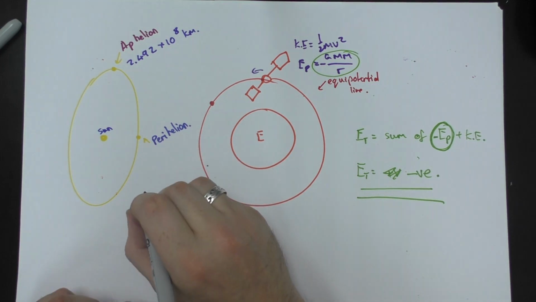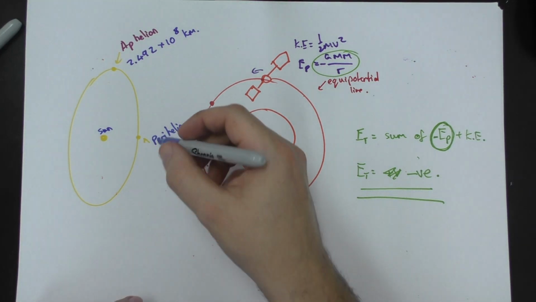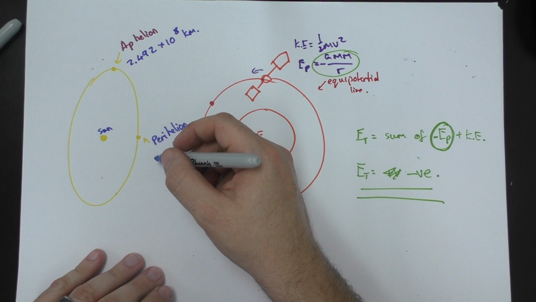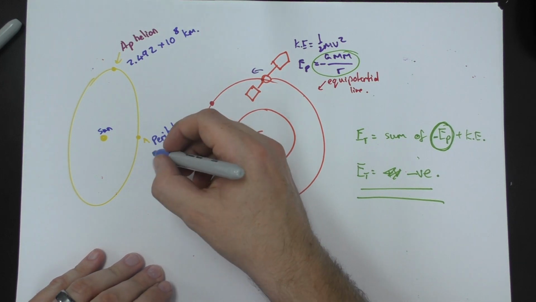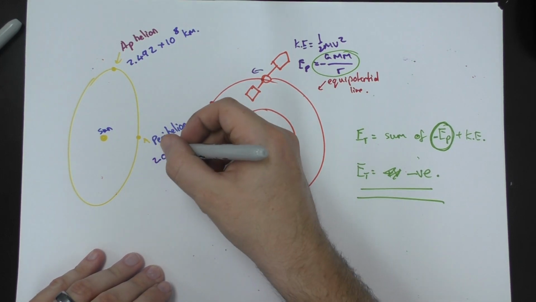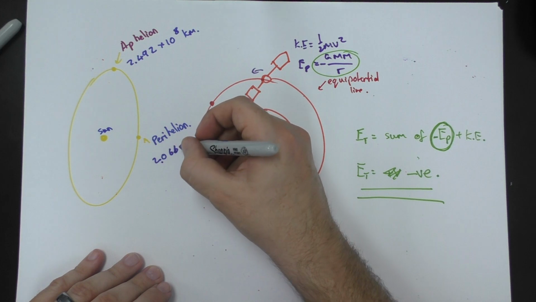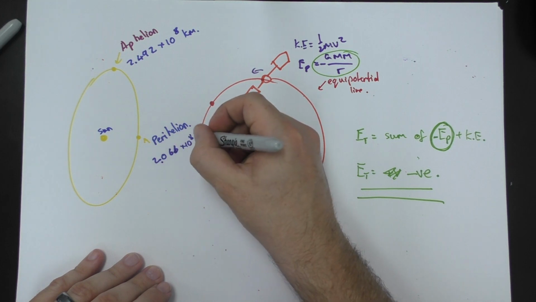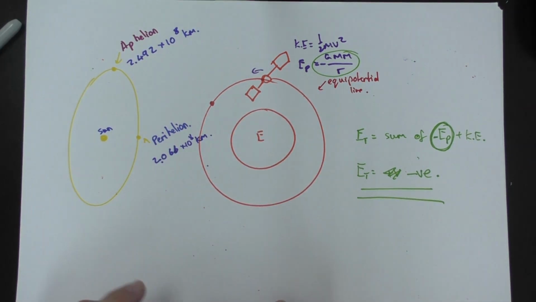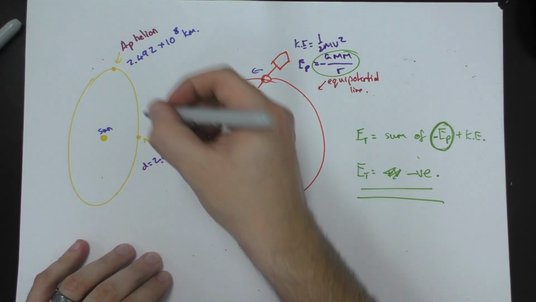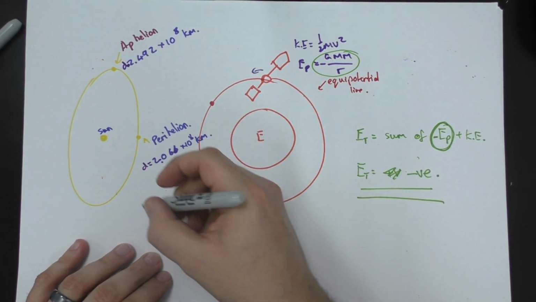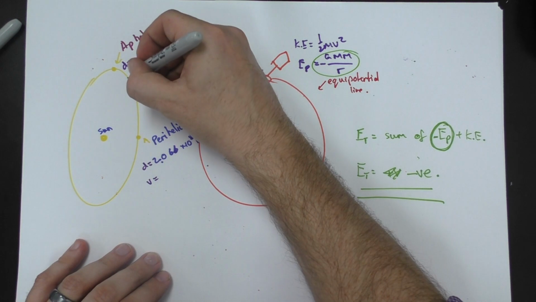I'm just converting as I go here. And then the perihelion is at a distance of 2.066 times 10 to the 8 kilometers. And so those are the distances, and we also have a velocity that I'm going to give you here as well.